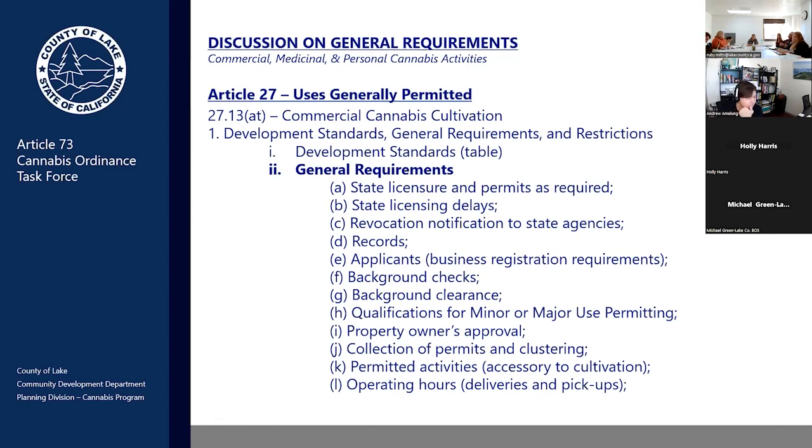Starting with state licensure and permits as required, this does signify the dual licensing requirements. I don't anticipate changes to that because I've not heard of any changes at the state level. It will remain dual processing.